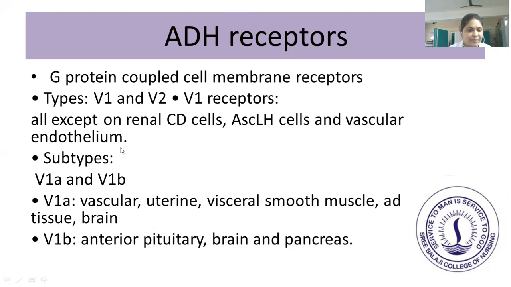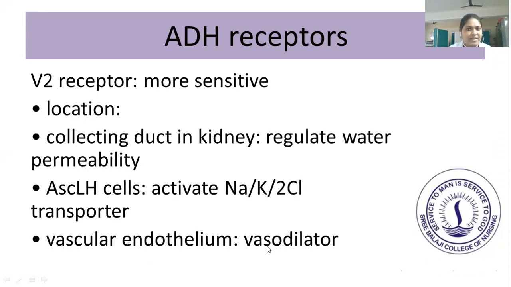And it has subtypes called V1A and V1B. V1A acts on vascular, uterine, visceral smooth muscle, tissues and brain. And V1B subtypes are mostly responsible for the anterior pituitary gland, brain, and pancreas.